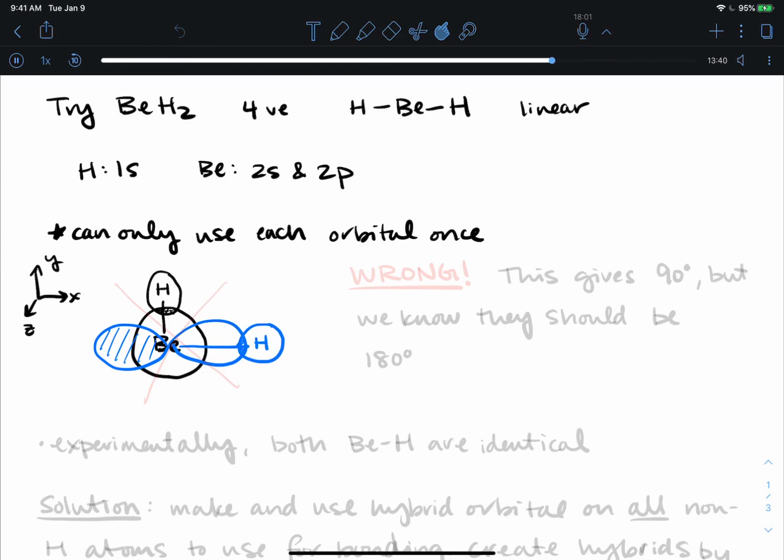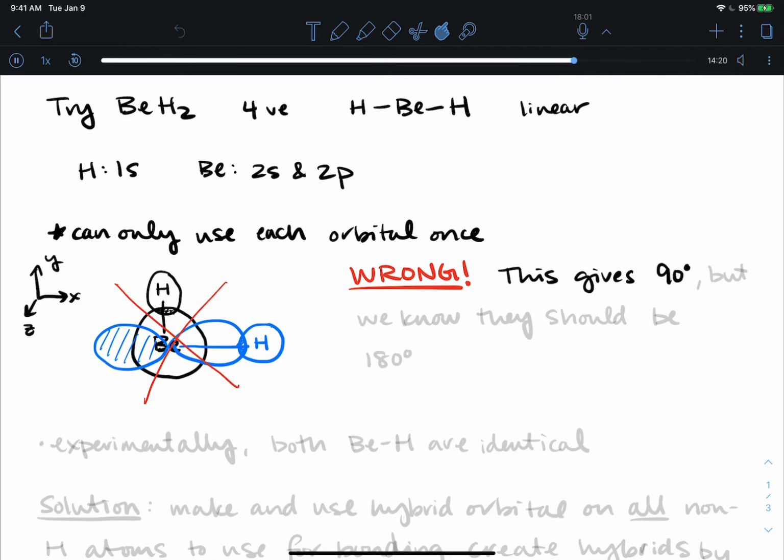But this doesn't look anything like the Lewis structure that I drew, right? And that's because this is very, very wrong. So I'm going to put a big ol' X through this. This gives 90-degree bond angles. The only way that the hydrogen overlapping with the beryllium s orbital can be out of the way of one overlapping with a p orbital is to be 90 degrees away.